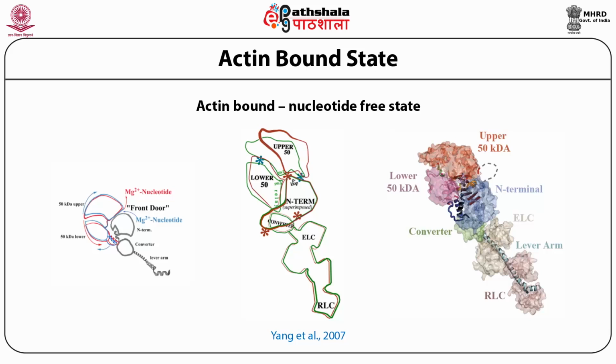Now here, once the lower 50 kilodalton domain and upper 50 kilodalton domain come closer and bind to actin, the nucleotide binding pocket, which is also called the front door, is now more accessible to exchange the nucleotide from ADP to ATP. Here, the rest of the structure is very similar to the near rigor state, but the only difference is the movement of the upper and lower 50 kilodalton domain in relation to the N-terminal domain.